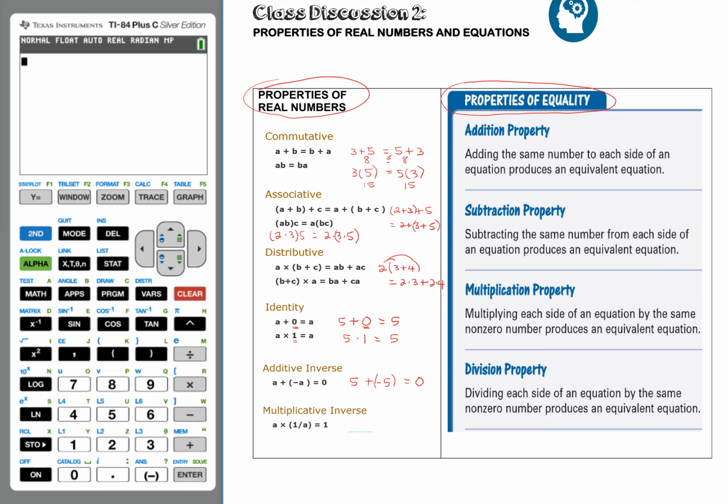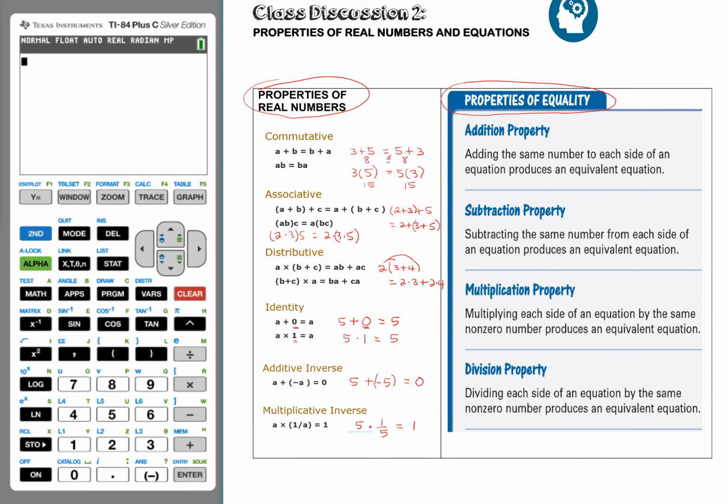And the multiplicative inverse: when you multiply them, it gives you the identity element. So if you have 5, the multiplicative inverse is 1 over 5. And when you multiply them, that should be equal to 1. And these are the basic properties for real numbers.